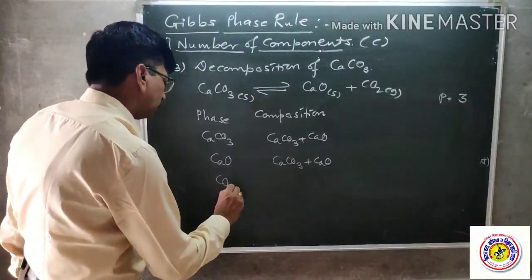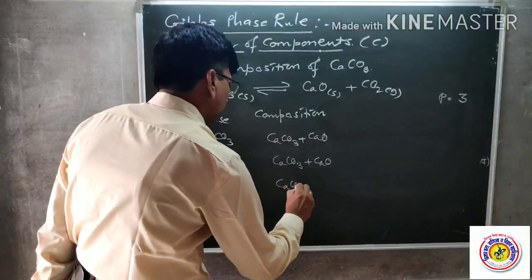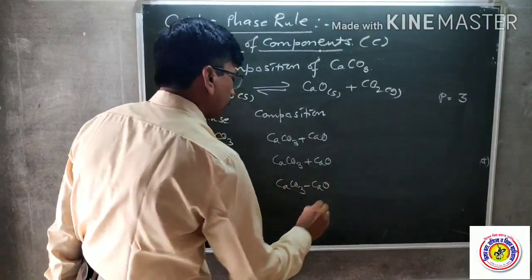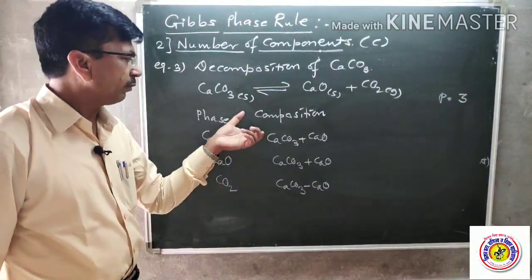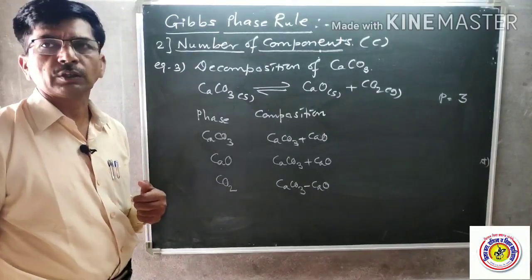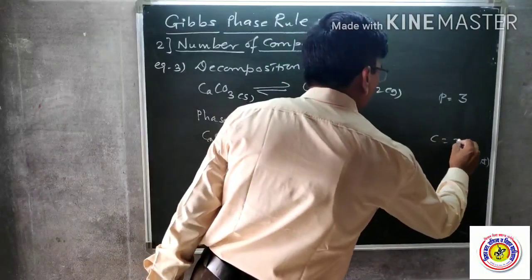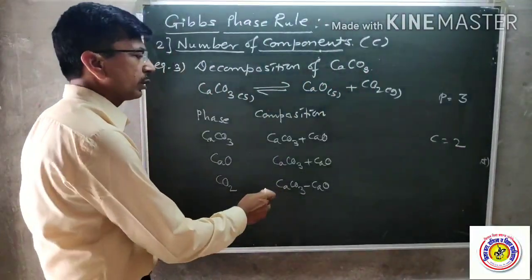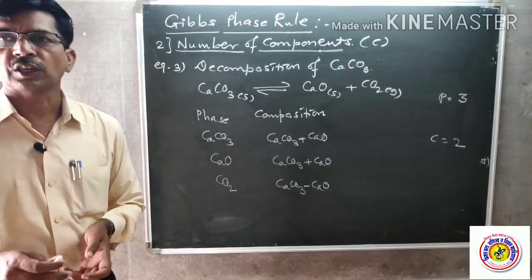While when we have the CO2 phase, when we remove calcium oxide from CaCO3, we have CO2. So for every composition, we need two constituents to define that particular phase, and hence the number of components is two. So this is a two component system while the phases are three.